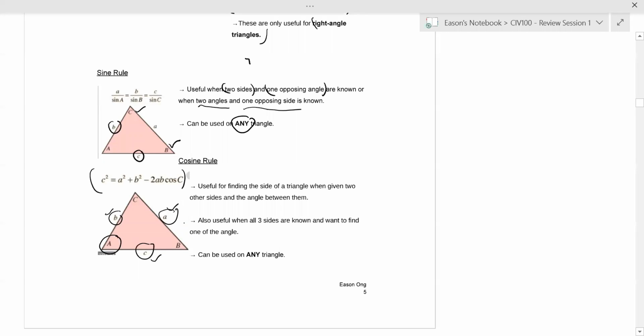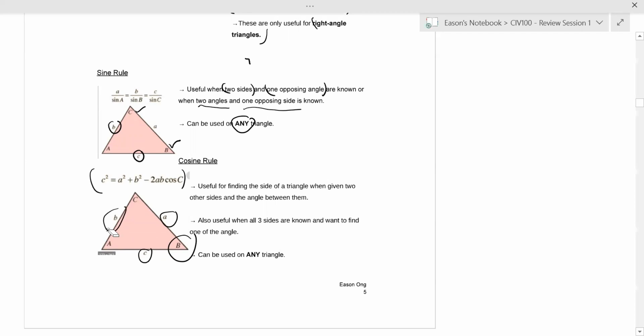It allows me to find a in this case. Or for example, if I have small c and small a, and the angle between them, which is big B, then it allows me to find small b. So this can be used to find the side length.